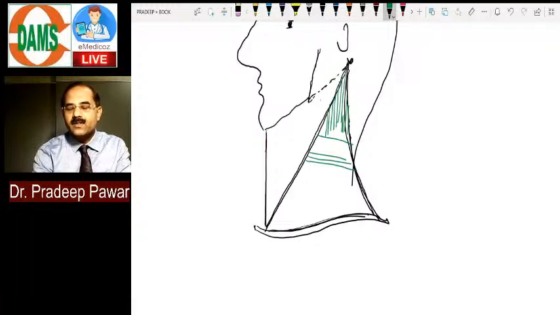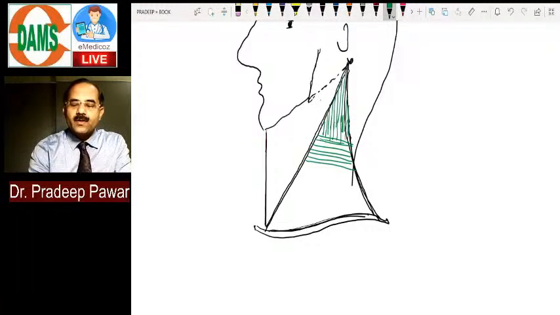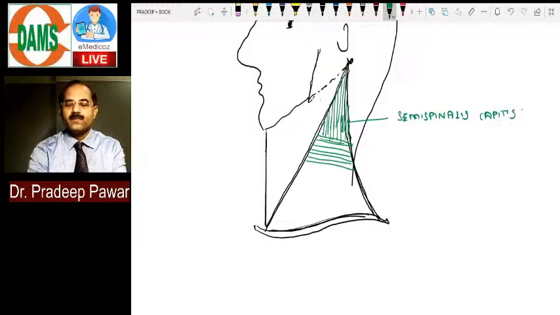This muscle is known as the splenius capitis. Again, it starts from the vertebral column to the caput. So this is the semispinalis capitis. This is the splenius capitis.